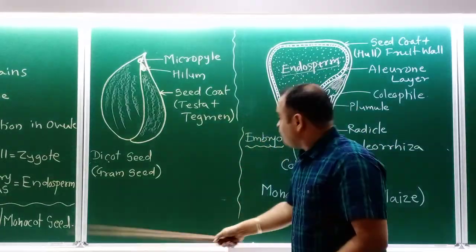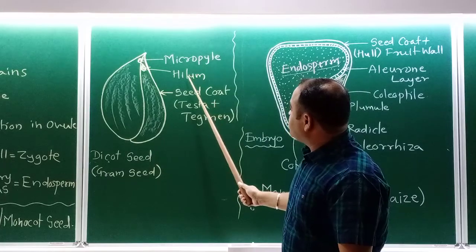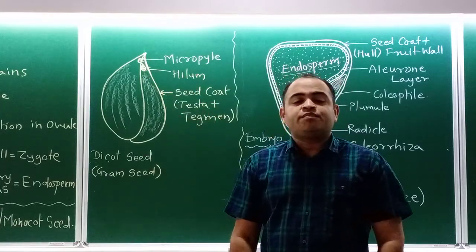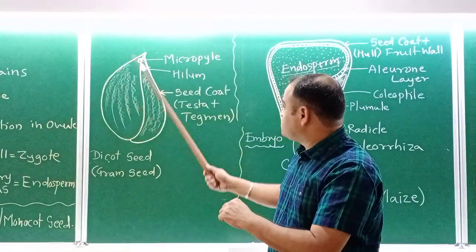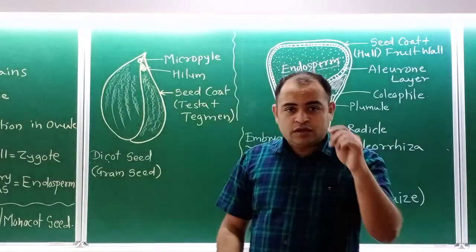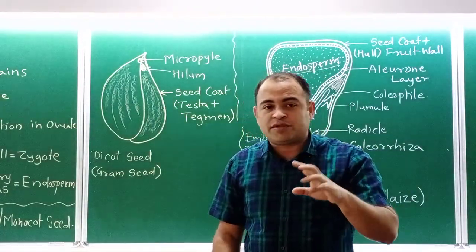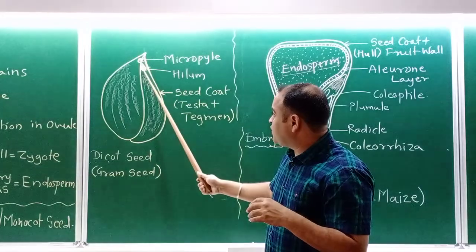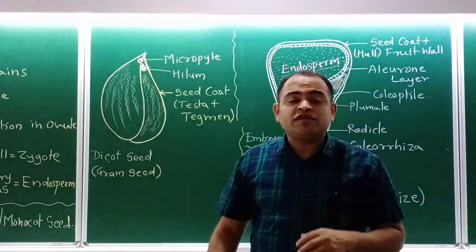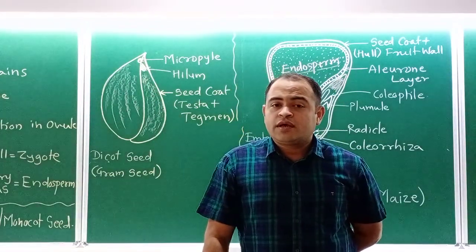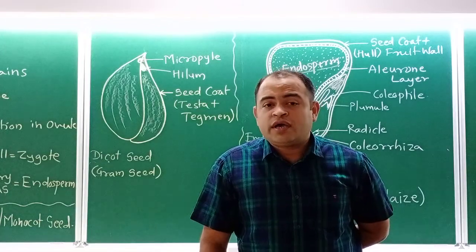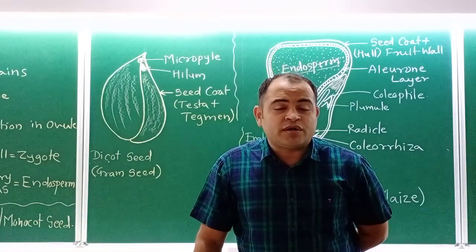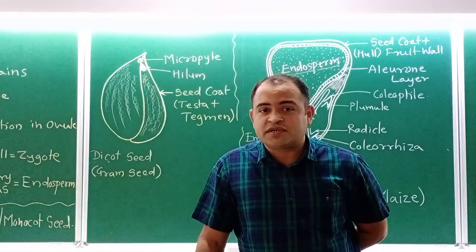Now, this particular hilum is the typical attachment point. I am not talking about this particular end notch, a typical pointed structure. Before that, somewhere here, the hilum is present. What do you mean by hilum? In the case of anatropous ovule, I had mentioned hilum and raphe and certain things.